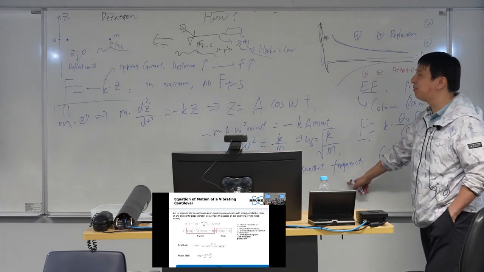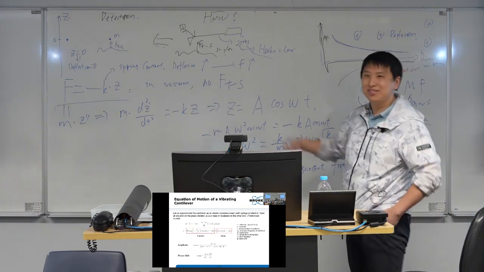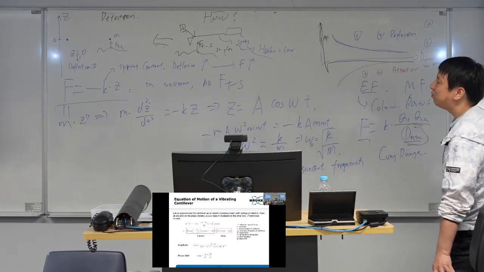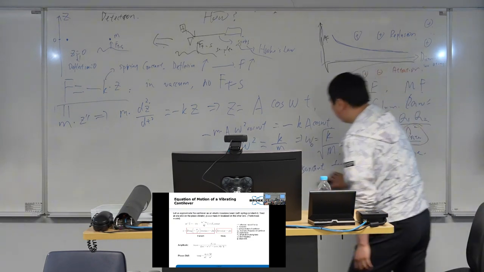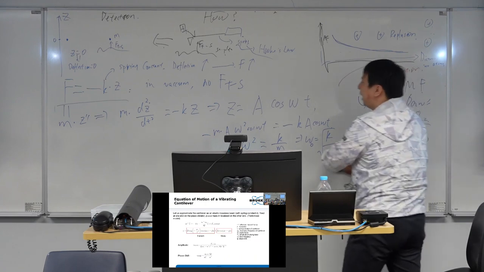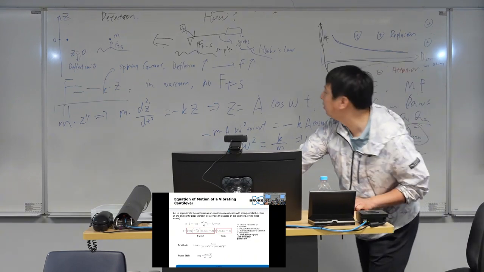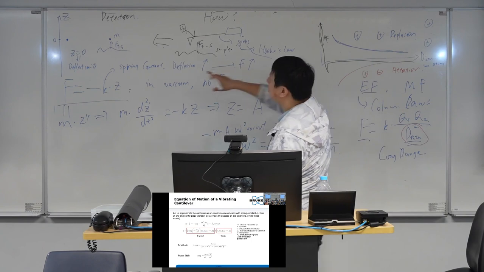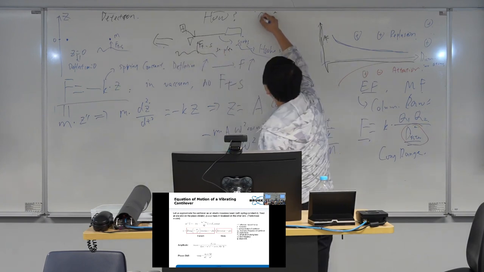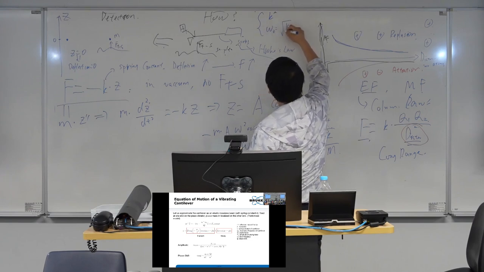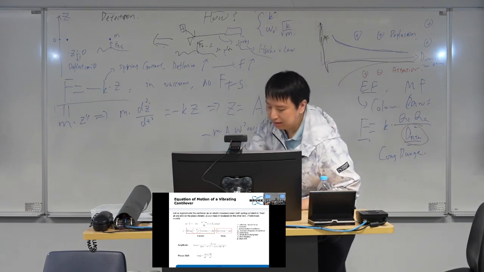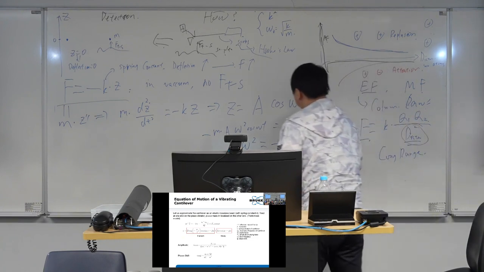That's the basic of our AFM. So a little bit of review about the AFM principle. We have omega 0, we have k, so I write it down here. For each probe, now it has k, it has omega 0, k over m. Quite easy.